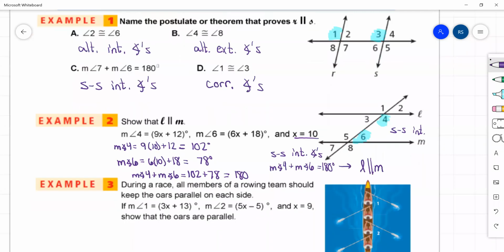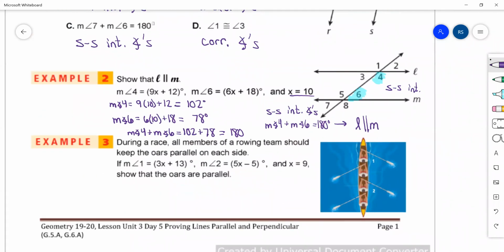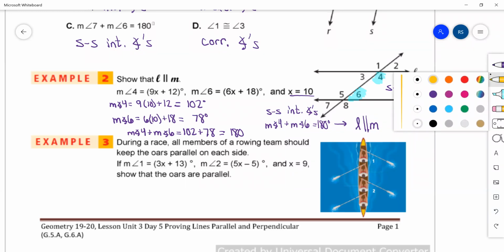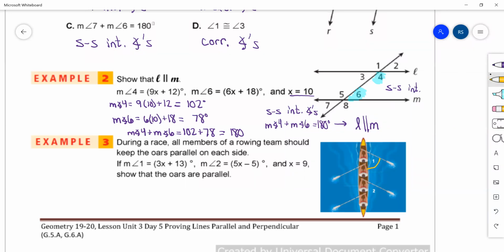Okay, now let's look at the next one. It's a similar scenario. We have to show that these oars here that make angle 1 and angle 2, we have to show that those are what?